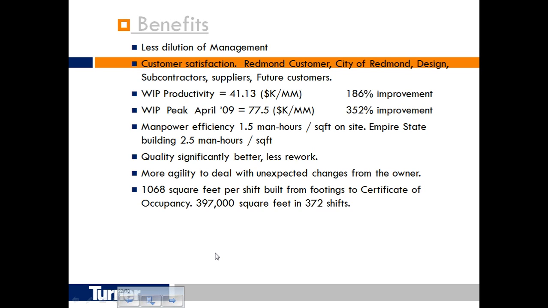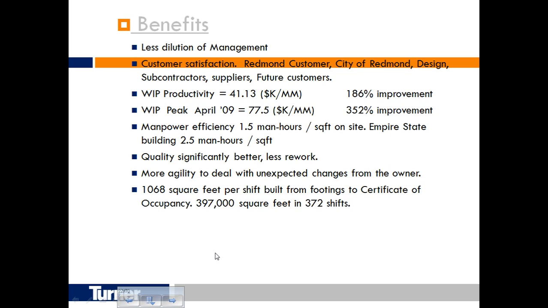The other thing too, and I was trying to look for something to compare this to. Man hours per square foot is an interesting metric because it goes across space and time. So in this particular job, this Redmond project, we compared it to one of the best, most well-built buildings ever, which is the Empire State Building.